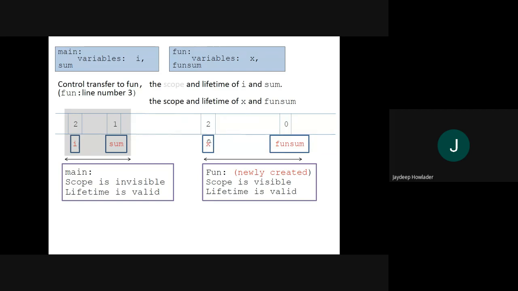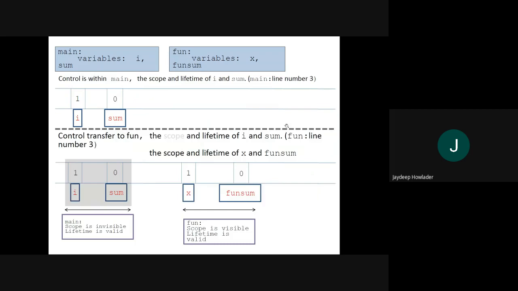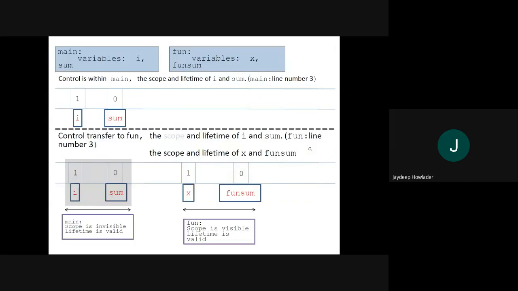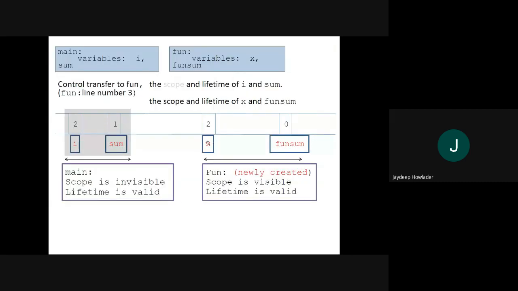So x is newly created, it is assigned with the value of 2. Func is newly created, it is assigned with the value of 0. Because in the program, you'll find that x is taking the value of i and func sum is taking the value of 0. So the new variables are created, they have their new assignments.